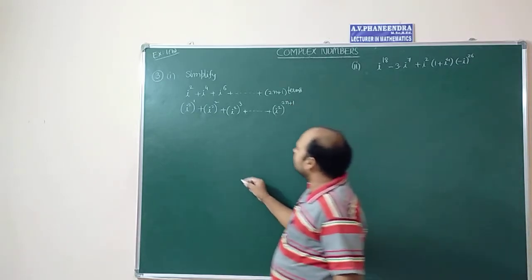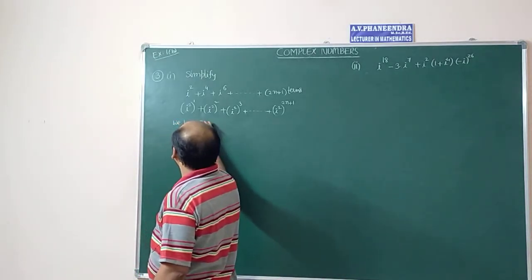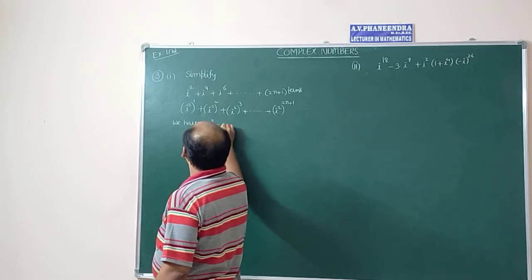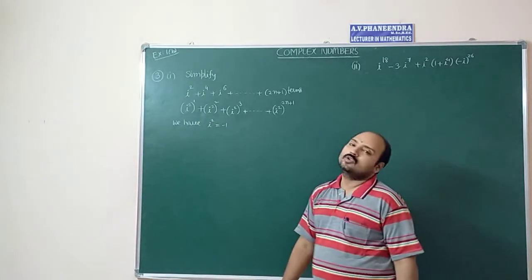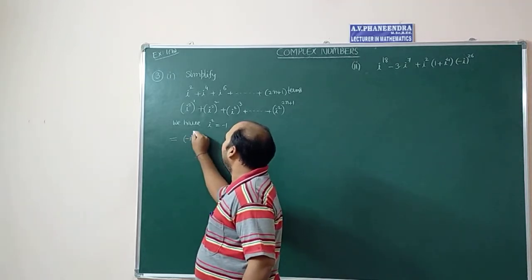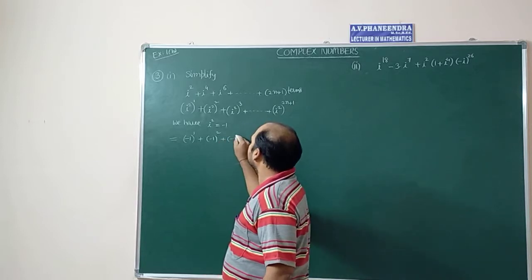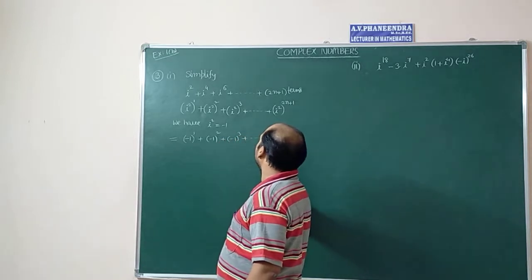We know that i square is equal to minus 1. So the first term will become minus 1 whole power 1. Second term, minus 1 whole square. Third term, minus 1 whole power 3, and so on.